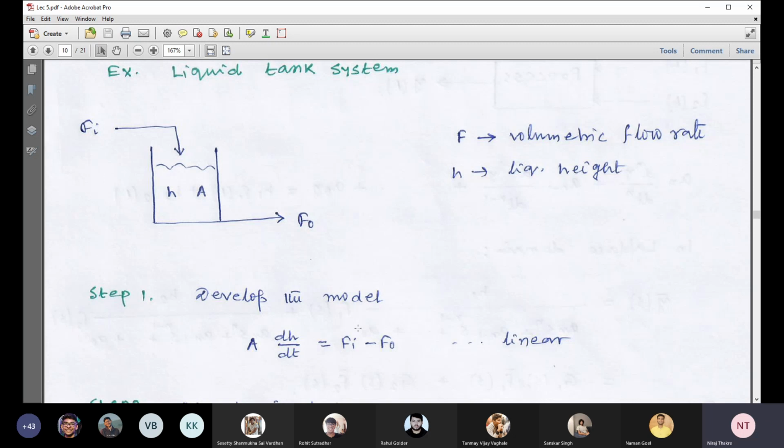We want to apply this transfer function concept to this simple liquid tank system. And I am showing here what you need to do in stepwise fashion, the sequential steps that you need to follow.